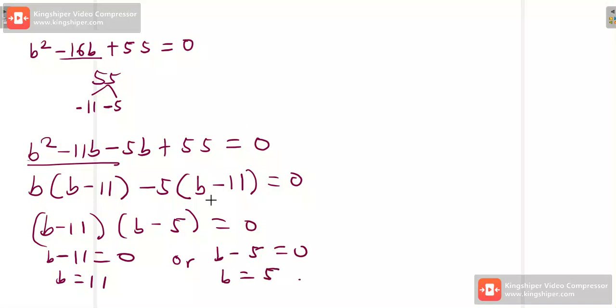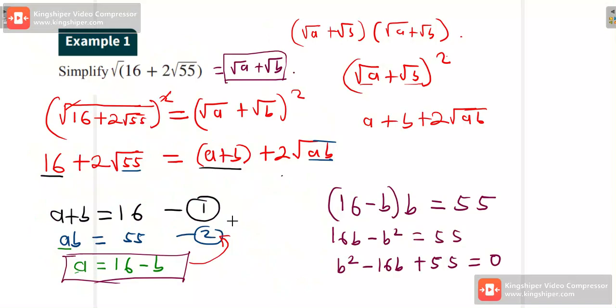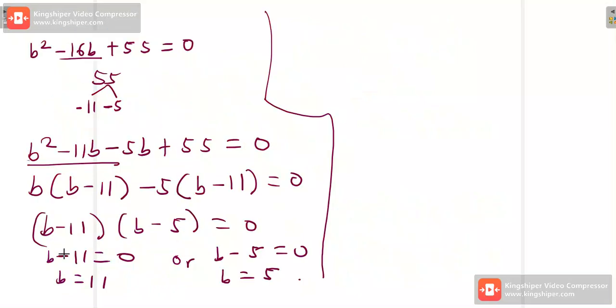So now we have two values for b. That is 11 and 5. So we can substitute those two values into the a. Remember that we have a to be equal to 16 minus b.